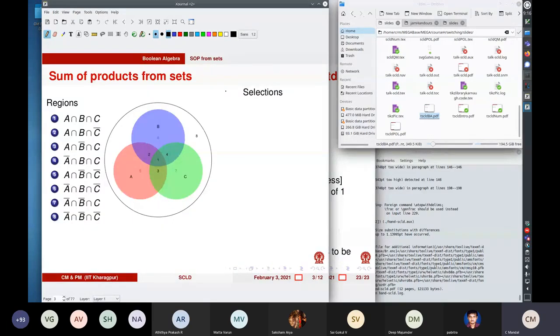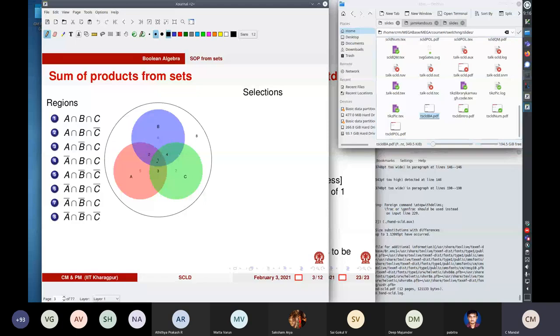Okay, so let us consider three sets A, B, and C. What you see here are all possible intersections of these sets, and we are just labeling those as various regions.